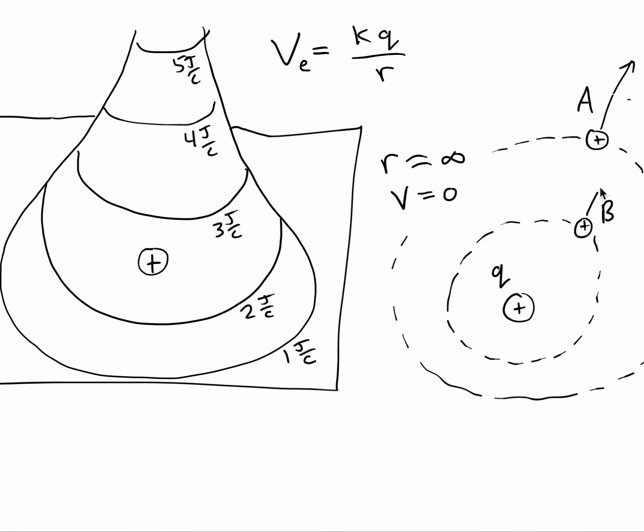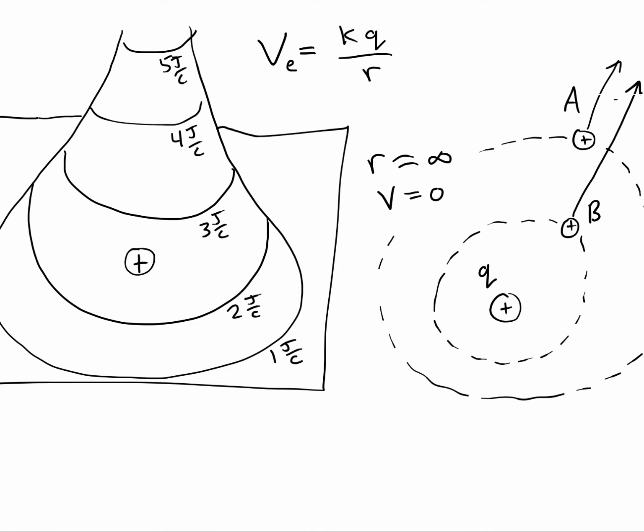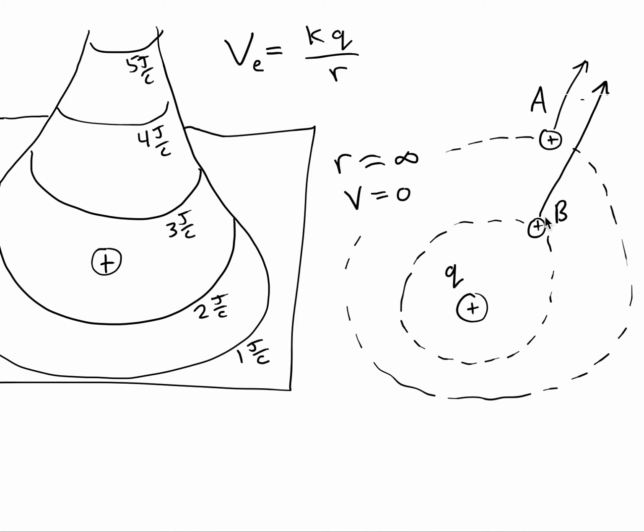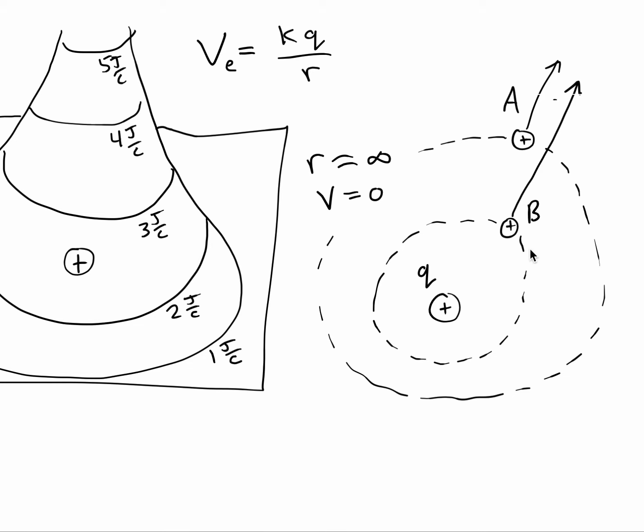And B can be pushed out there too. But as we see, B can be pushed farther than A can. So, with this in mind, we find that at point B, we have more electric potential energy. And at A, we actually have less electric potential energy.